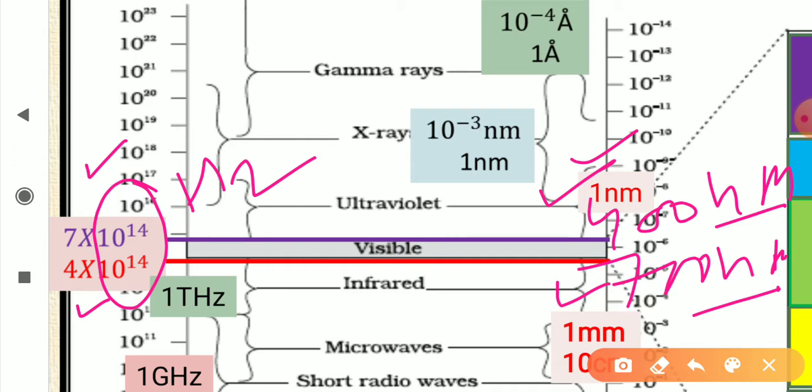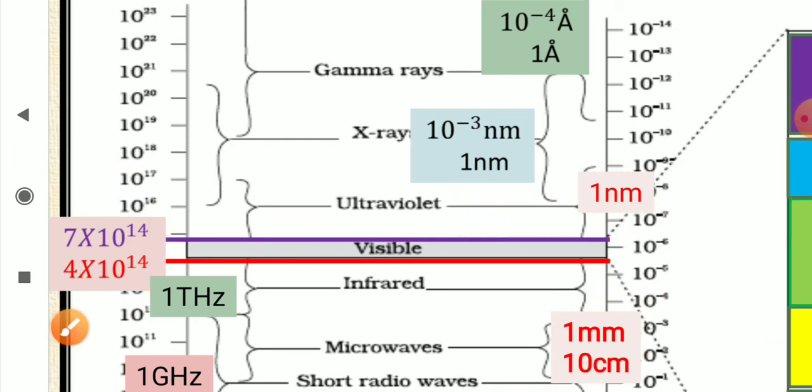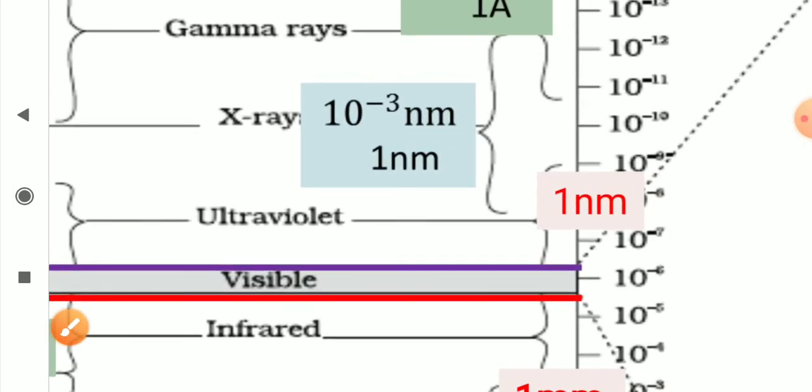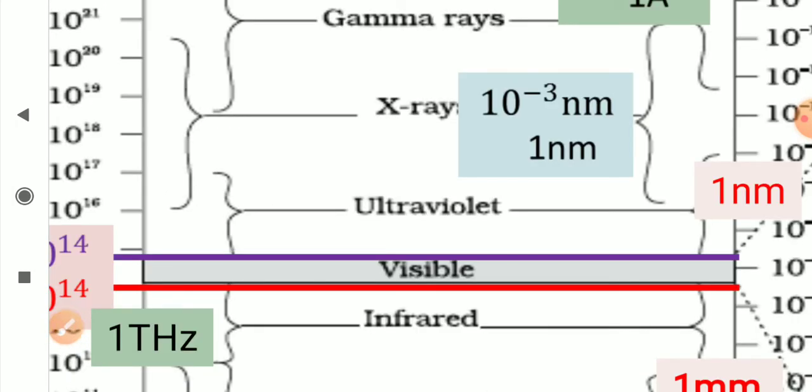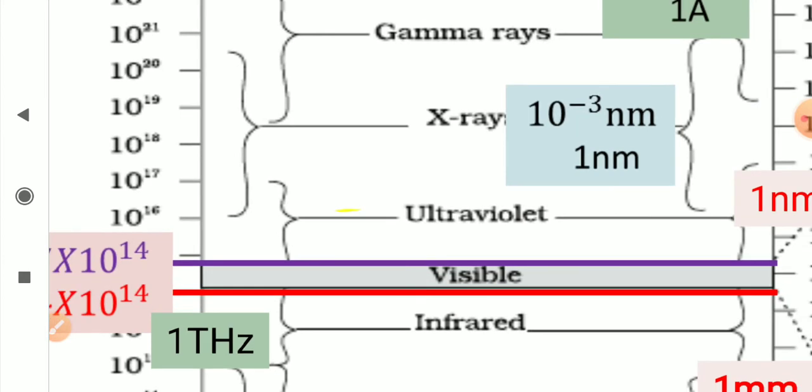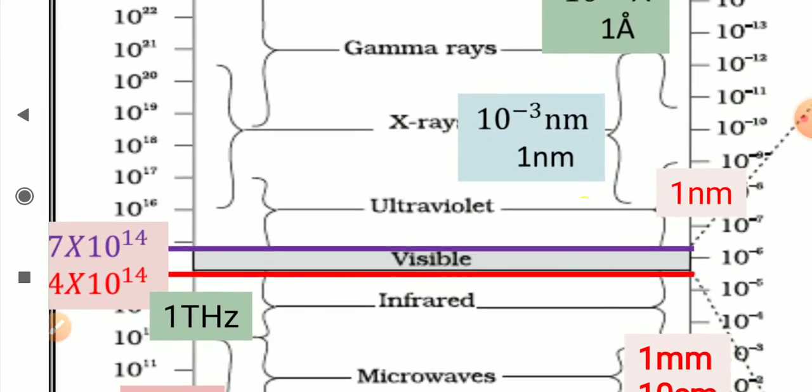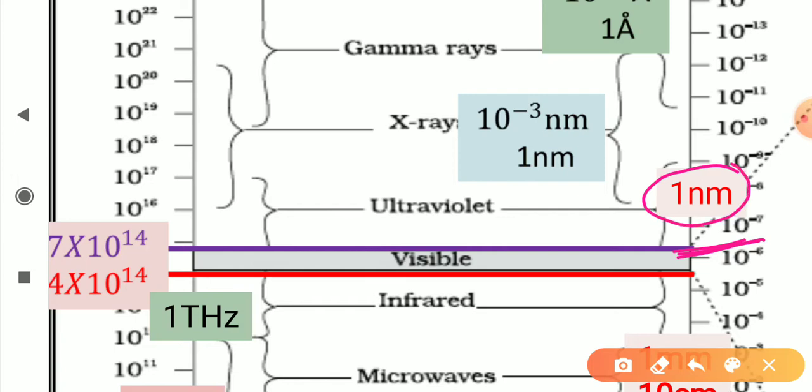Now ultraviolets lie just above the violet light, on the shorter wavelength side. So ultraviolet rays are shorter than visible light. The wavelength range, this was 400 nanometer, goes down to 1 nanometer.